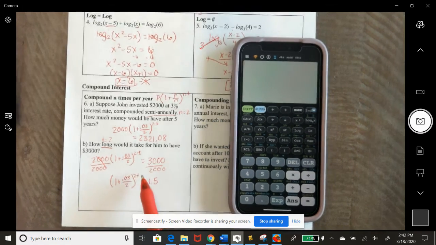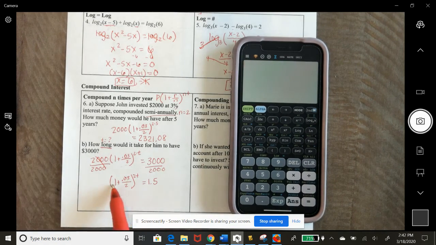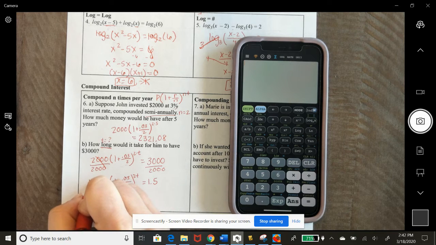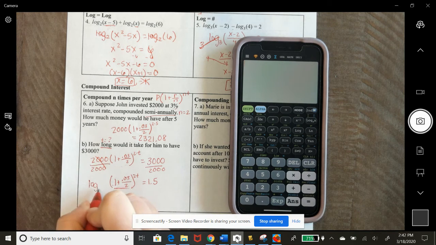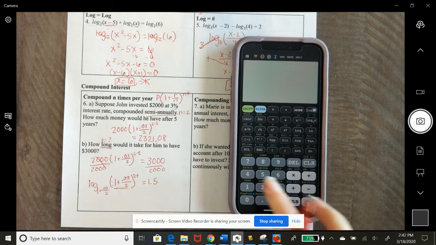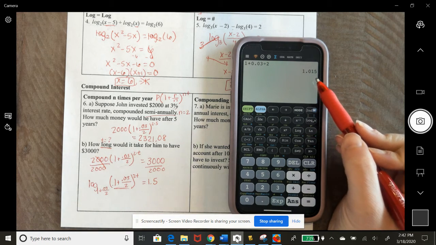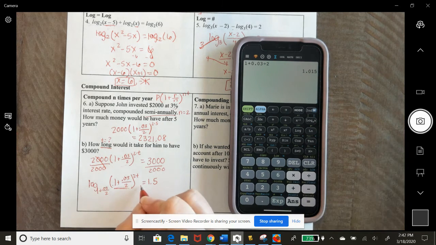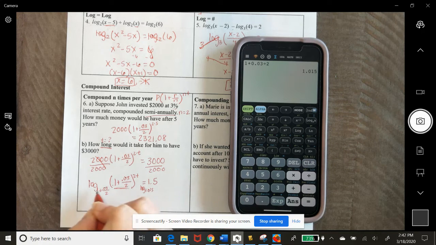Okay, and now we're going to have to use a log to get rid of this base. So you can either do log base 1 plus 0.03 divided by 2, or you can go ahead and figure out what that is and write that as a decimal. Okay, so 1.015. So we have to do that on both sides to cancel this out.